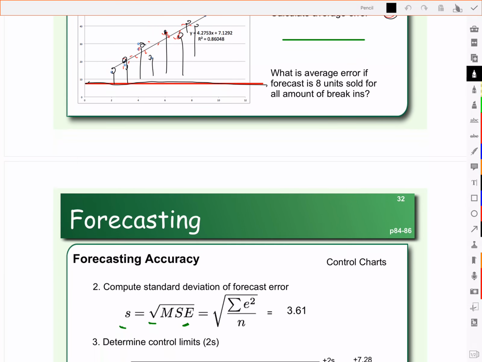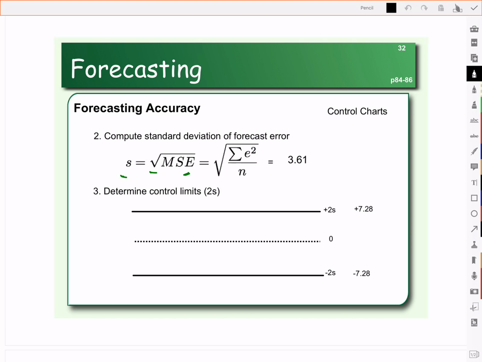Okay. Now, we can actually plot what is called a control chart to show what's happening with those forecasted errors. So we said that on average, our forecasting error should be 0. We also want to look at, are the forecasting errors ever way too much in the positive direction or the negative direction?